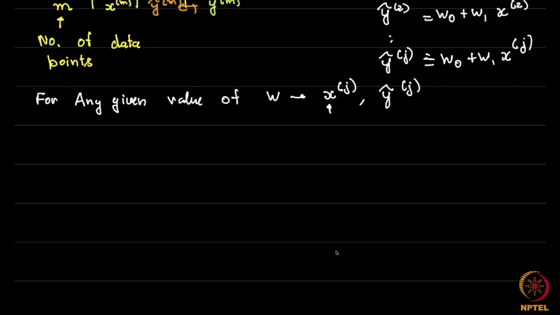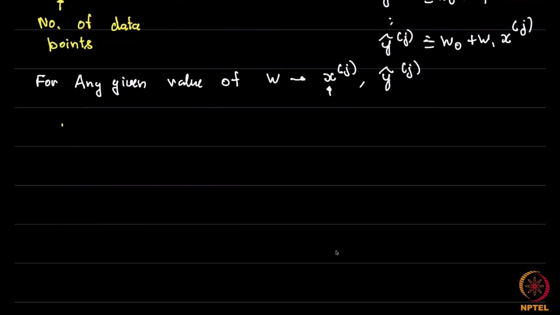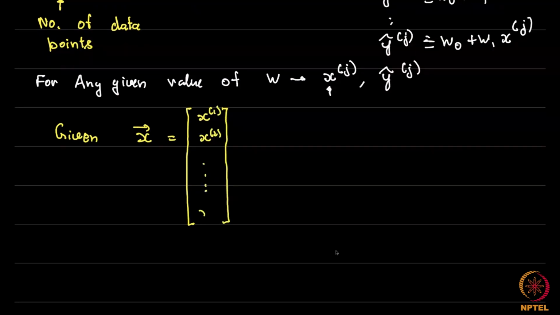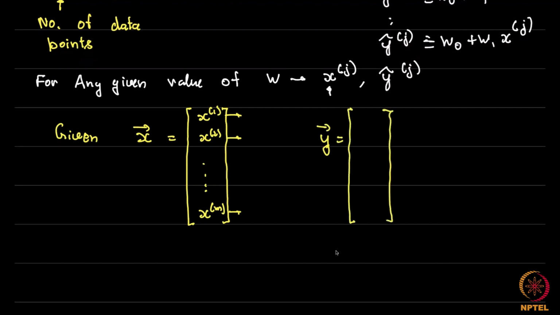One way of thinking about it is, given x vector, which is all these data points, x1, x2, up to xm, I am writing this as a column matrix where each row refers to a new data point, and given y vector, which is y1, y2, up to ym, and also given w. Now w, for example, in our case for a linear model is w0, w1.